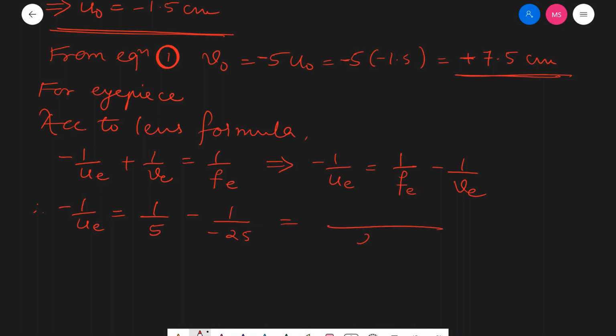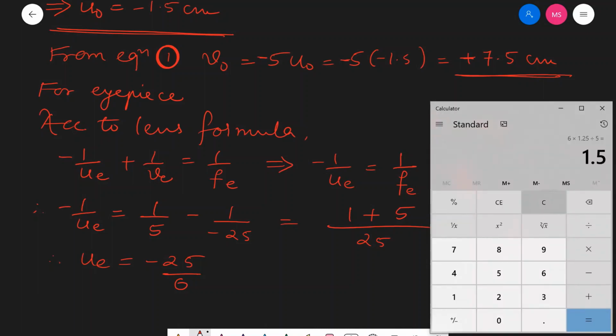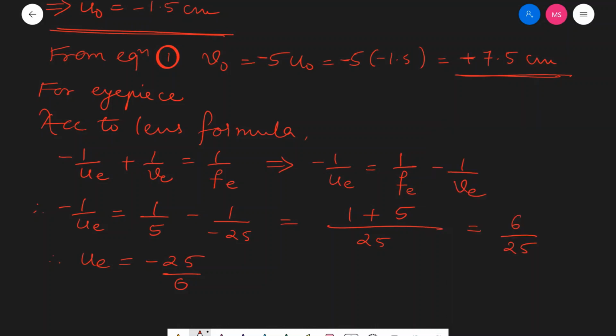So you can say that LCM is 25 and 1 plus 5. So this will be equal to 6 by 25, or you can say that therefore UE will be equal to minus 25 by 6. So 25 divided by 6 will give 4.1666. You can write 4.17. So this will be equal to minus 4.17 centimeter.